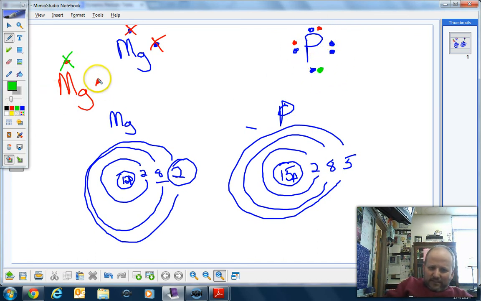But that magnesium still has an electron that needs to go away. So we need another phosphorus that starts with 5 valence electrons.